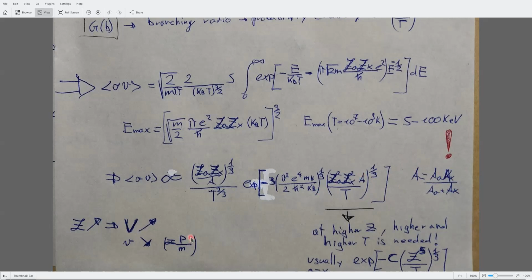As we can see, definitely if you increase Z, it becomes difficult. At higher Z, we need greater and greater temperature to have the same reaction, the same quantity of this value, so with the same energy production.